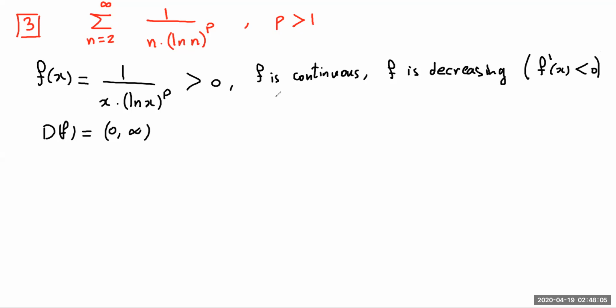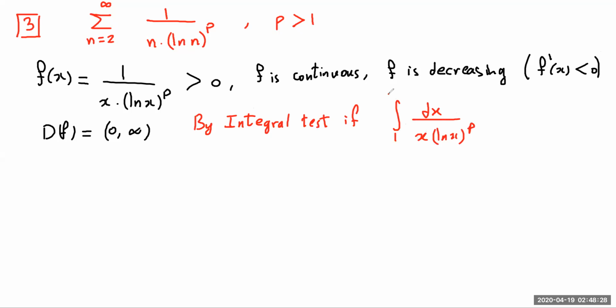Using our integral test, the integral of dx over x (ln x) power b from 2 to infinity, because the beginning here is at 2.